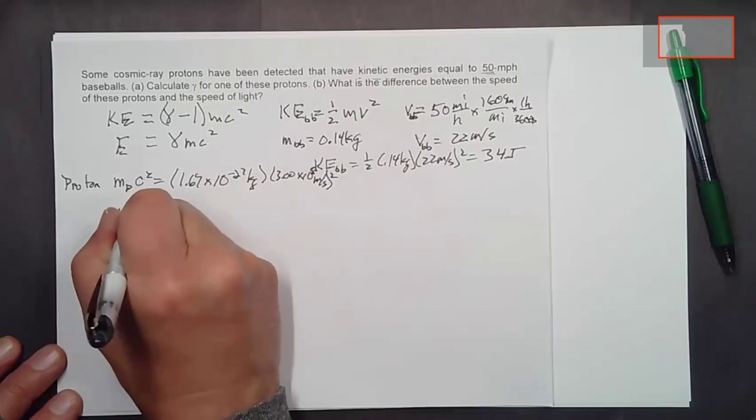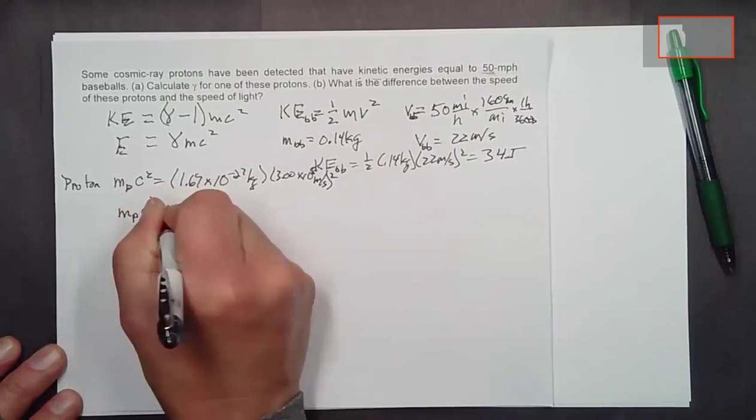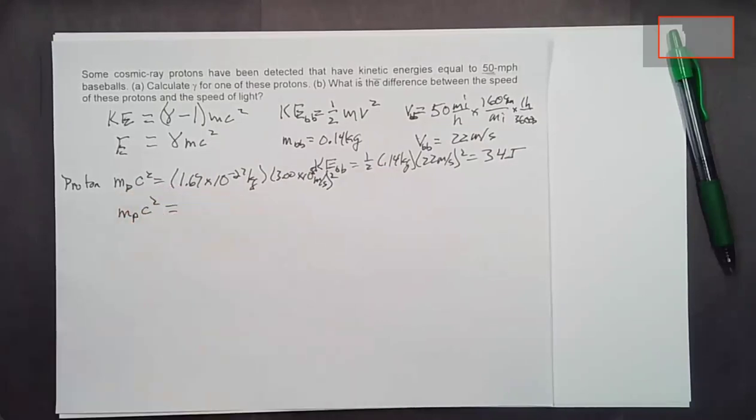The mass of the proton times c squared. I did it before, but I got about 1.5 times 10 to the minus 10th joules, but I'll check that just to be sure.